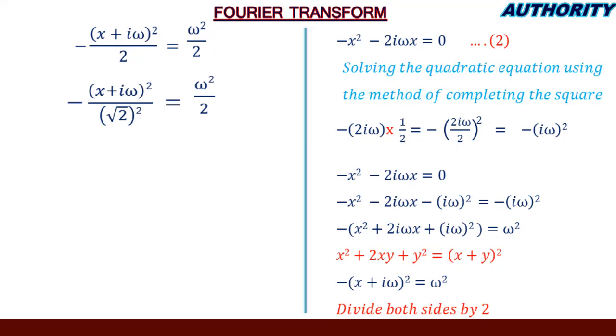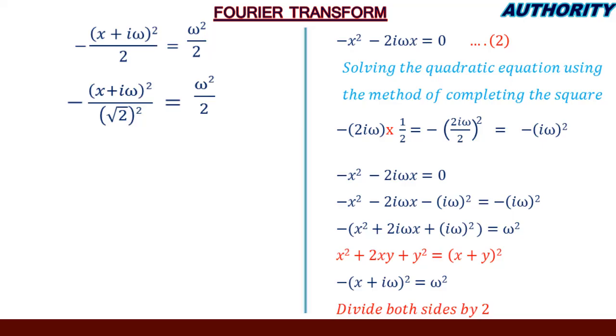When you want to open this square root of 2 into 2 places, what is the answer? It's going to give you 2. That is the same that we have. So that is to say that 2 is equal to the square root of 2 in bracket squared. It's still the same thing. It's equal to omega squared all over 2.